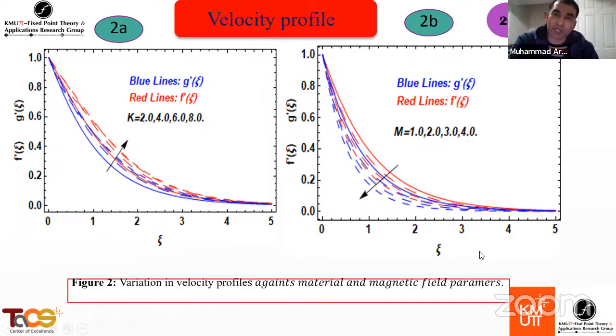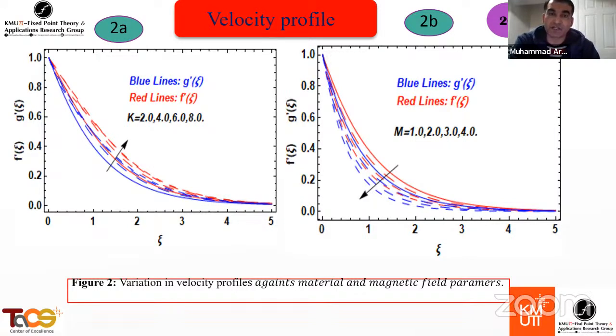Figure 2b shows the impact of the magnetic parameter on both velocities. From the figure, we can see that by increasing the magnetic parameter, the primary and secondary velocities show a declining behavior. It is due to the fact that when we increase the magnetic parameter, it produces some resistive forces within the fluid, known as Lorentz forces.